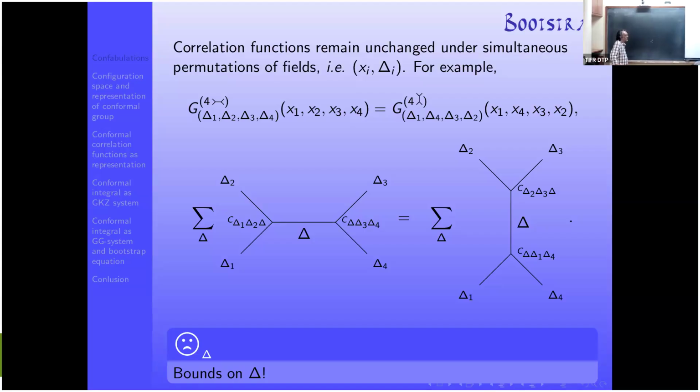Just by general counting, so many equations are there. Roughly speaking, it is of course infinite dimensional, but it's the number of operators to the power 4. You have these weights. All of them will not be independent: if I just change delta 1 and 2, it is not going to change anything here. You need to somehow consider equivalent permutations. But as an order, it would be the number of operators to the power 4.